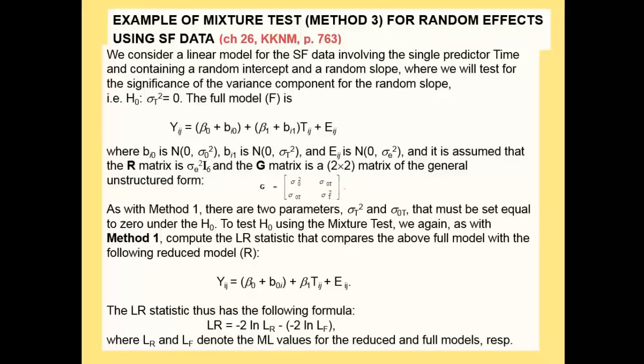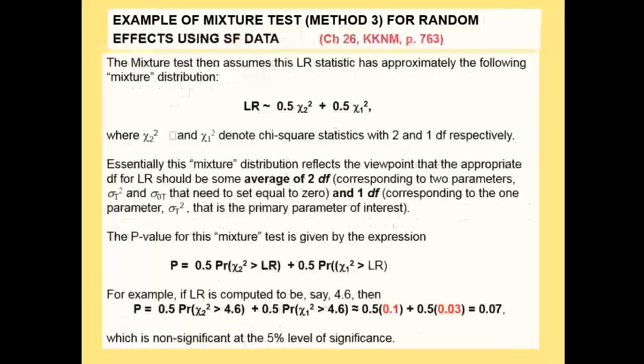That's how you get that number LR. Then you look up under a chi-square with 2 degrees of freedom the probability of being greater than that LR. And you do the same for chi-square with 1 degree of freedom greater than LR. You look up these two probabilities, and then you put them into this formula, and you get a p-value.